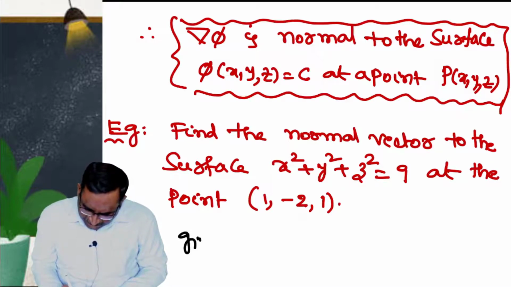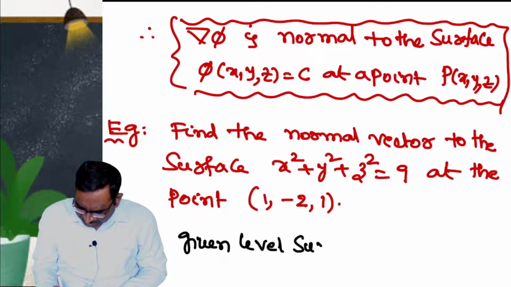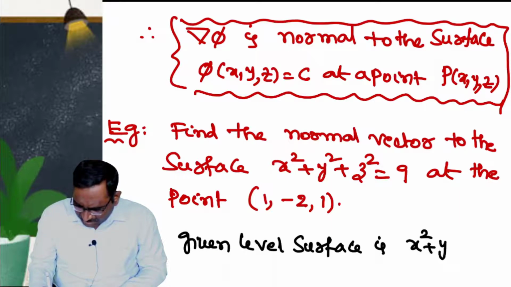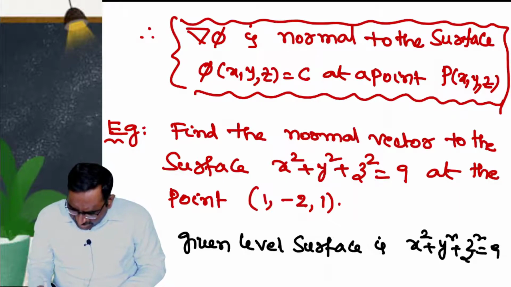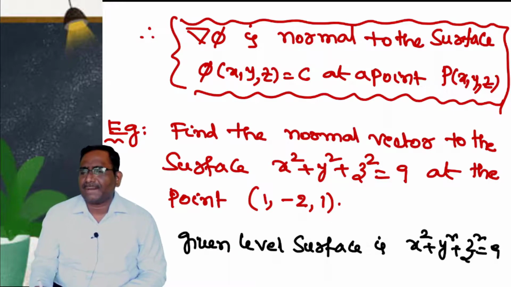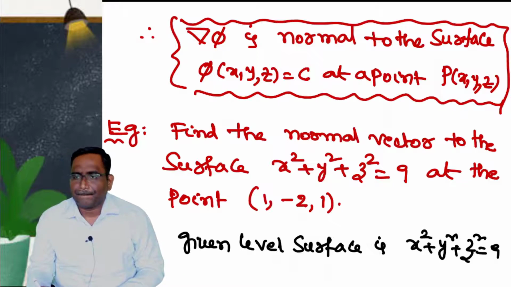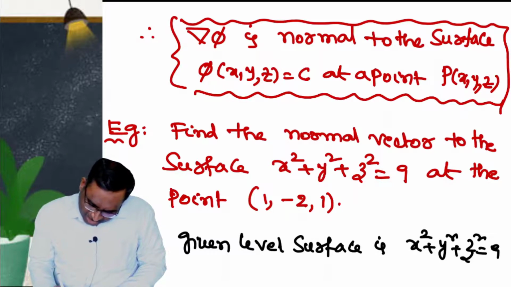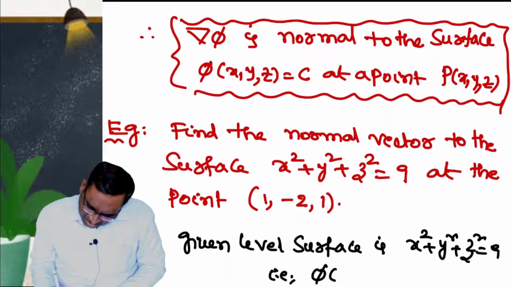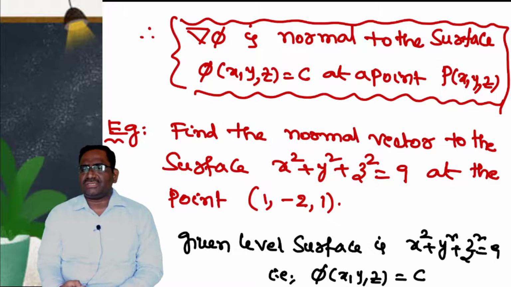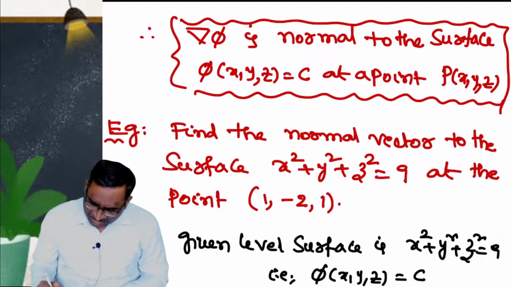The given level surface is x square plus y square plus z square is equal to 9. That means at any point x, y, z on that surface, it is always equal to 9. So that is phi of x, y, z is equal to some constant. This is my definition of the level surface.